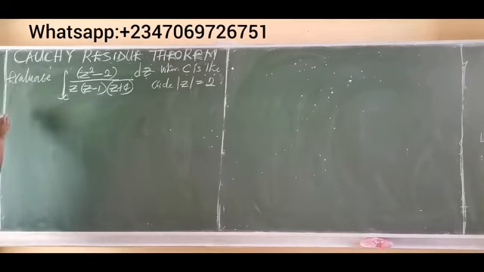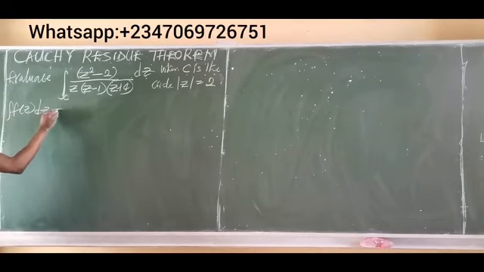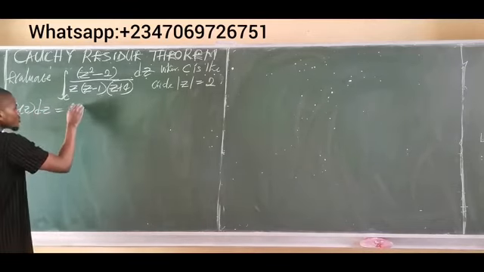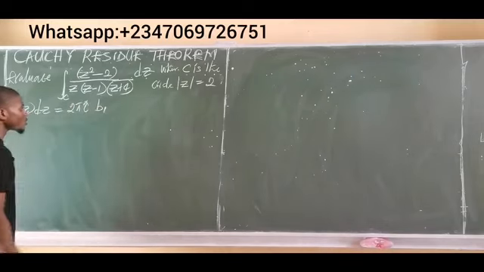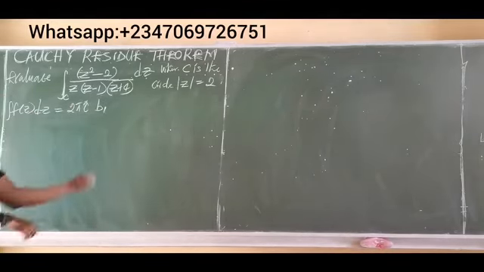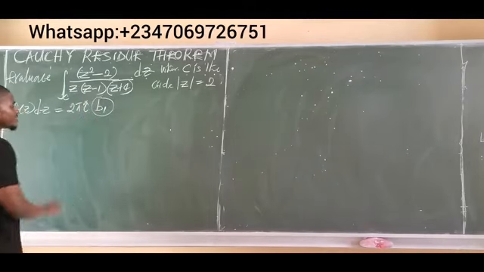Now, Cauchy's residue theorem simply states that the integral of a function f of z dz is equal to 2 pi i multiplied by b1, where b1 here is the residue itself.